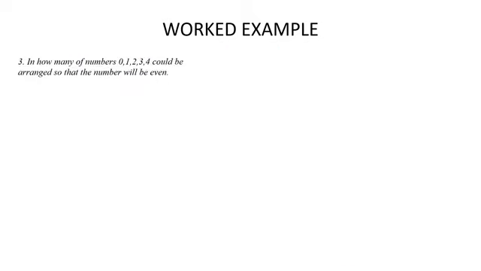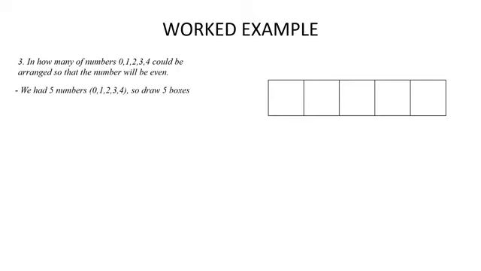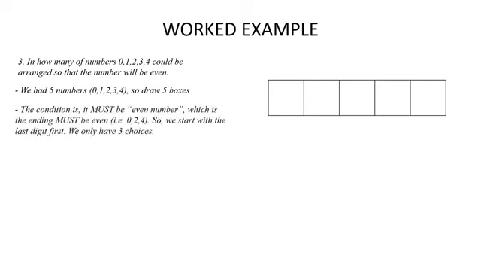Okay, the last example. In how many ways can the numbers 0, 1, 2, 3, 4 be arranged so that the number will be even? We have 5 numbers, 0, 1, 2, 3, 4, so we draw 5 boxes. But the condition is that it must be an even number, which means the ending must be 0, 2, or 4.